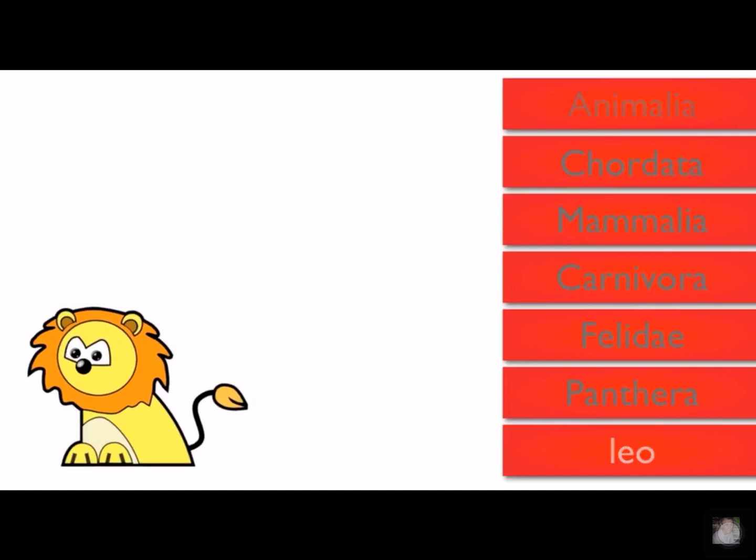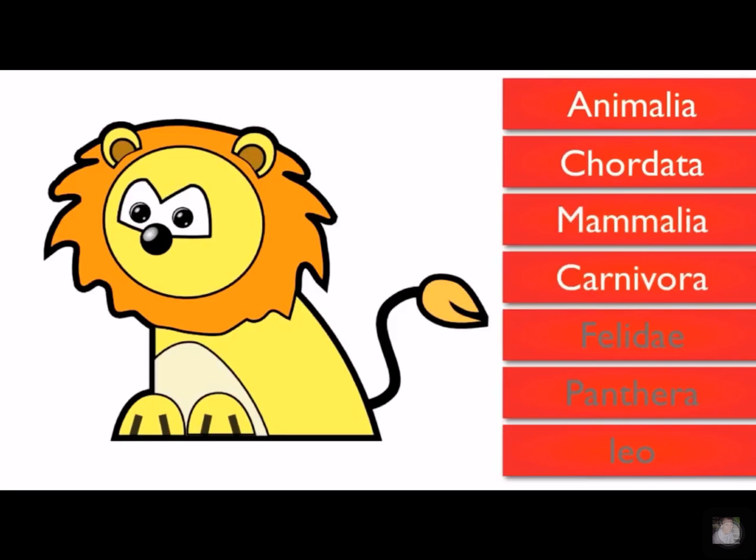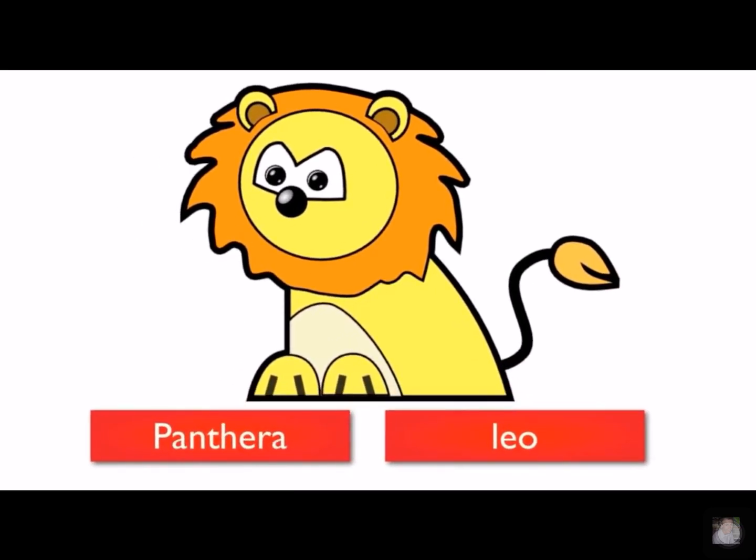So a lion is an animal with a backbone that has hair or fur, eats meat, has retractable claws, can roar, and goes by the name Leo. The lion's scientific name is Panthera leo. Scientific names are an organism's genus followed by its species.